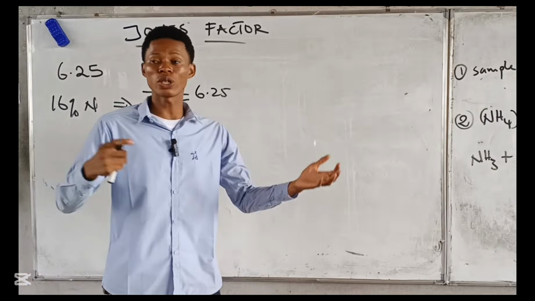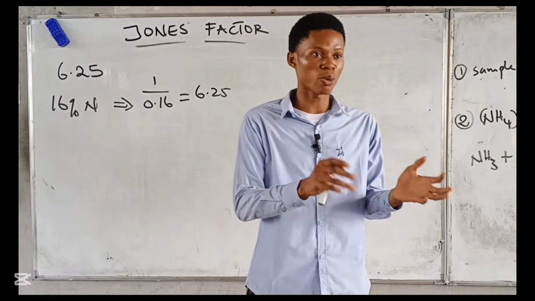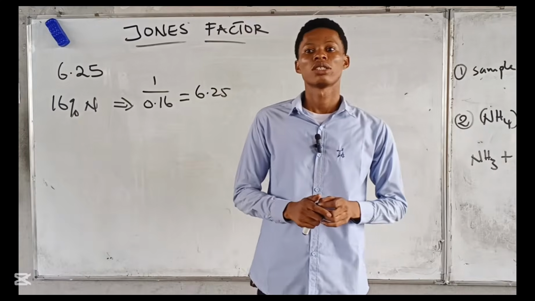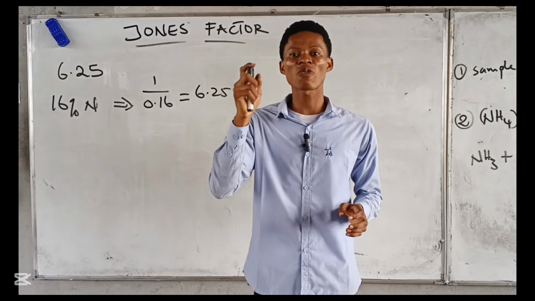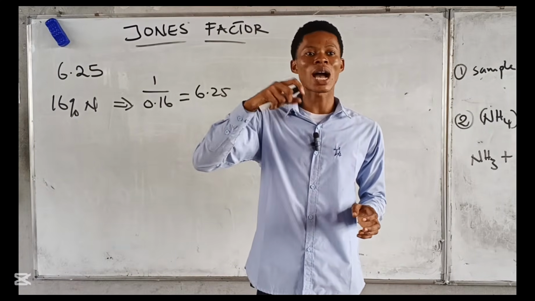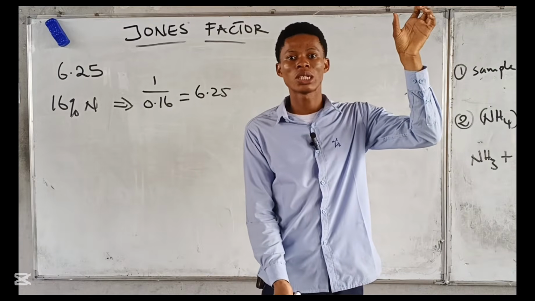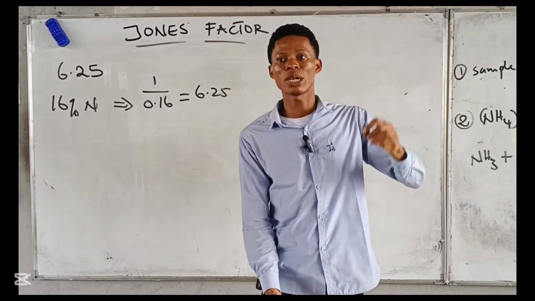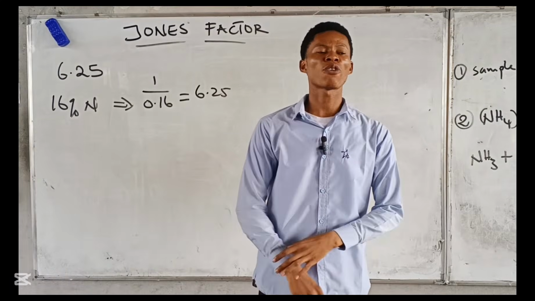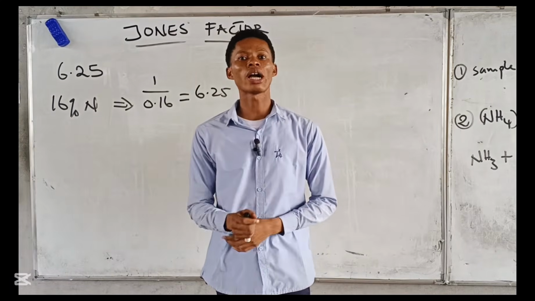Anything you get, you now say that is the concentration of protein. So that is the application of Jones factor: it is applied in the determination of protein using the nitrogen present. But this method is faulty and is no longer used.